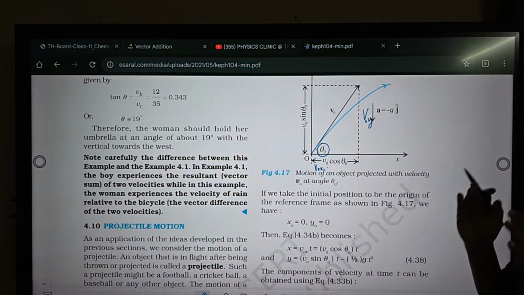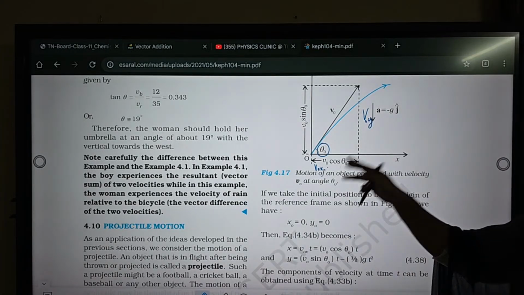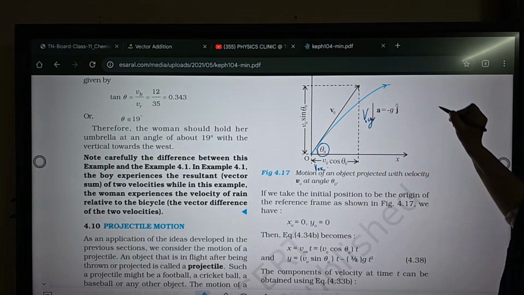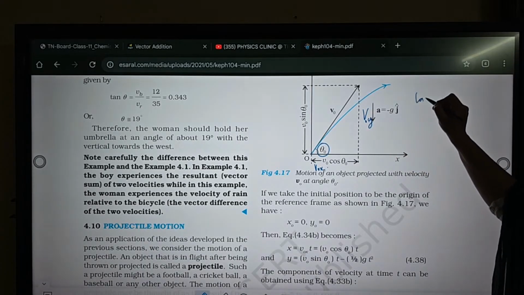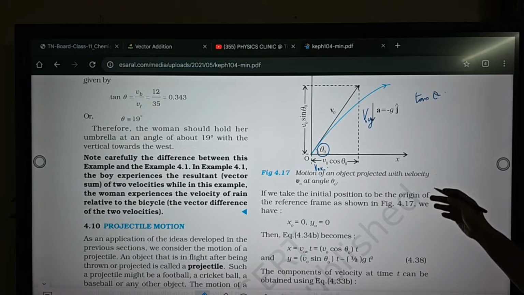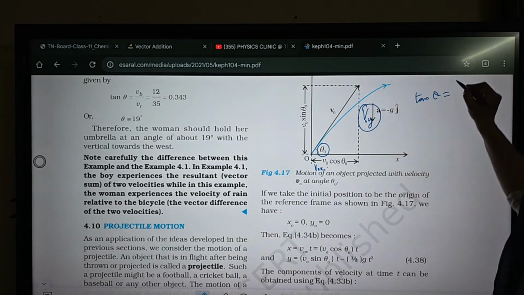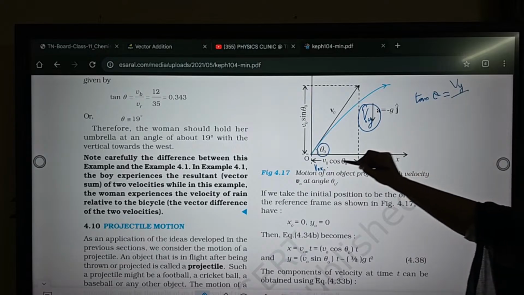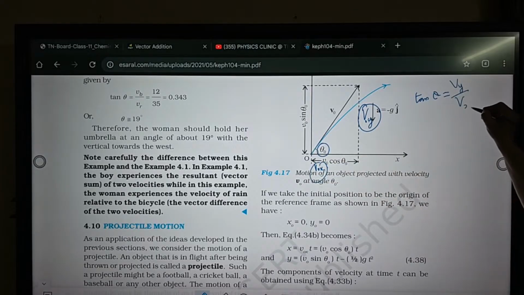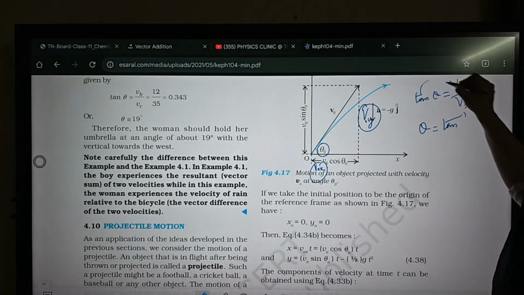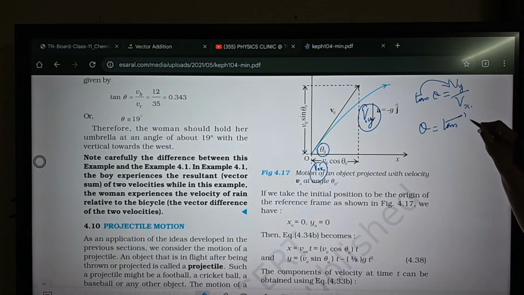In general, for any position, this tan theta naught will be tan theta. Tan theta is equal to the opposite side, Vy, by the adjacent side, Vx. So what is theta now? Bringing tan to the right side, theta is tan inverse of Vy by Vx.